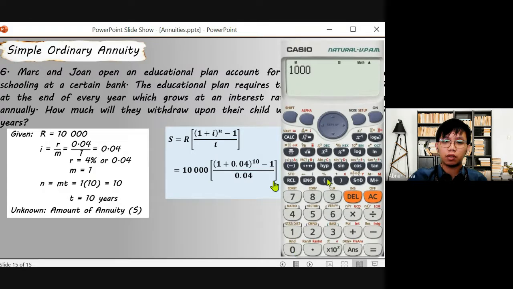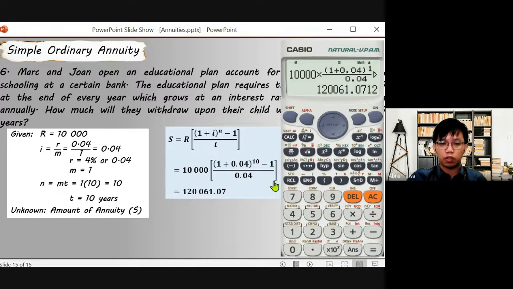So that will be 10,000 multiplied to quantity 1 plus 0.04 raised to 10 minus 1, all over 0.04, which is equals to 120,061.07 pesos.